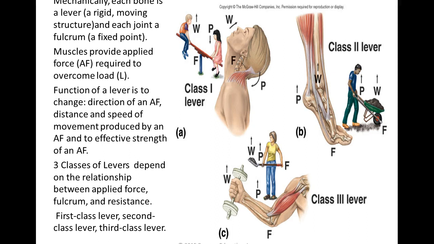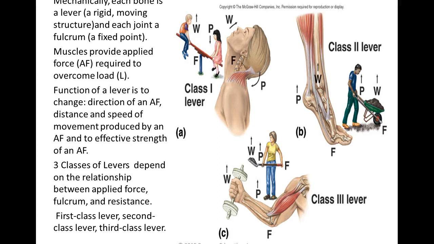And the joint would be a fulcrum, which is the fixed point. So the lever is the bone, the fulcrum is the joint, and muscles are the applied force, AF, and that applied force is required to overcome a load.